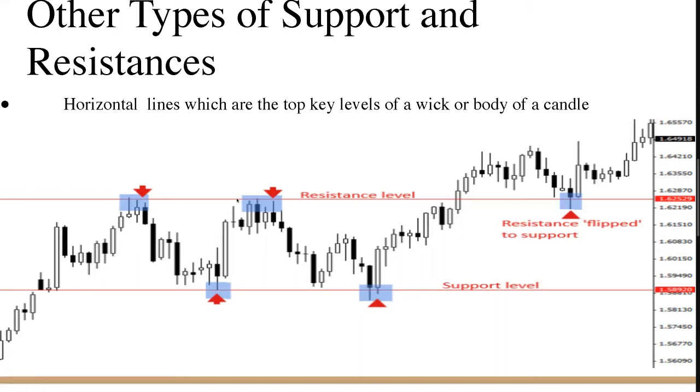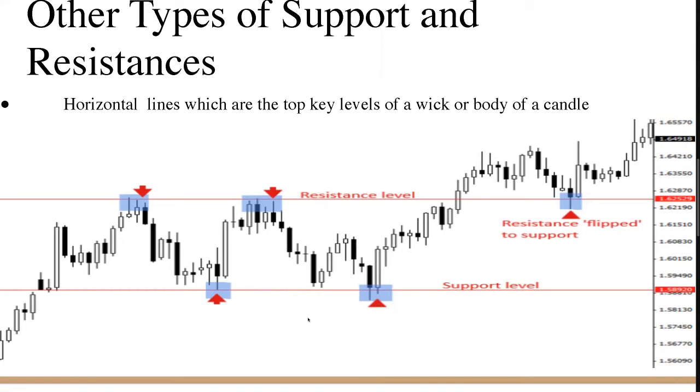That main level right there, that horizontal line, is a major type of resistance that price is going to touch. So all you do is look for confirmations. If you see price touching here, here, here, that's a key level. Here, here, here. So that's one, two, three touches, which is considered a major key level.